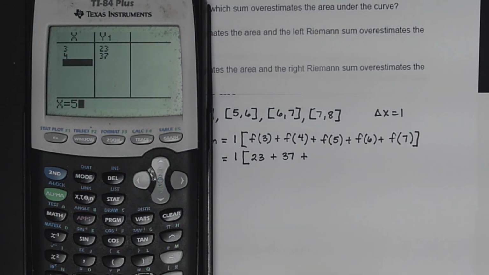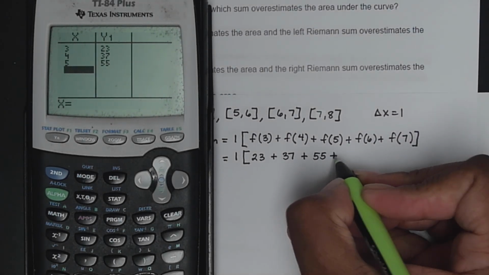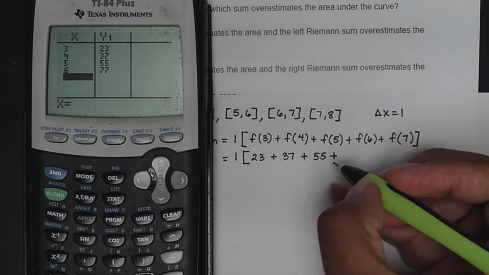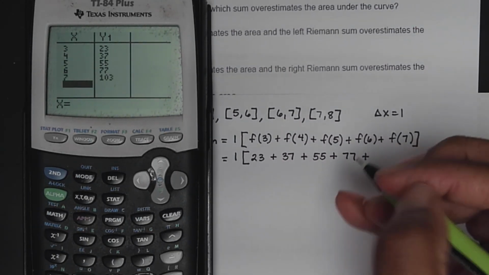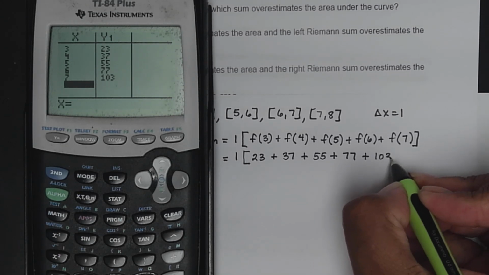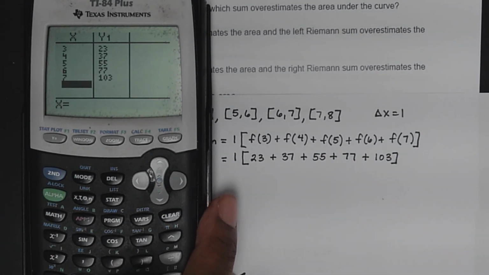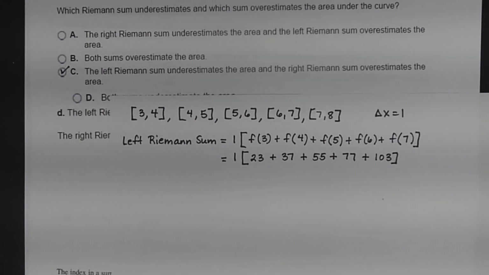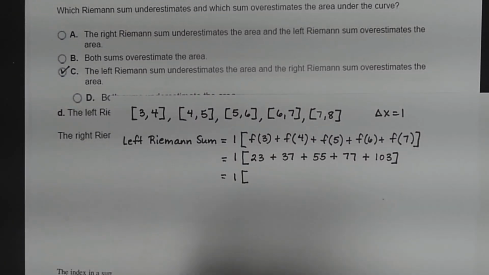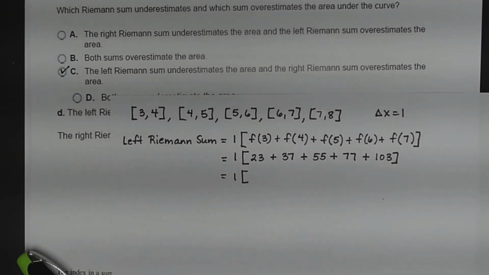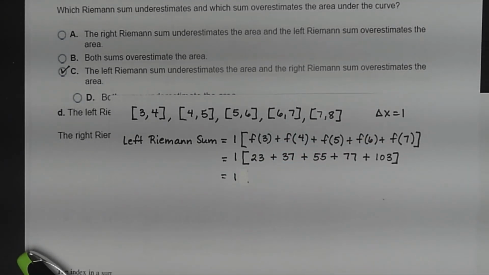And then f of 5, press the 5, that'll be 55. f of 6, press the 6, 77. And then f of 7, that would be 103. And let's go ahead and bring down the 1 times. And I'm going to add all these numbers up together. And here I don't need the bracket. I can just say parentheses here.